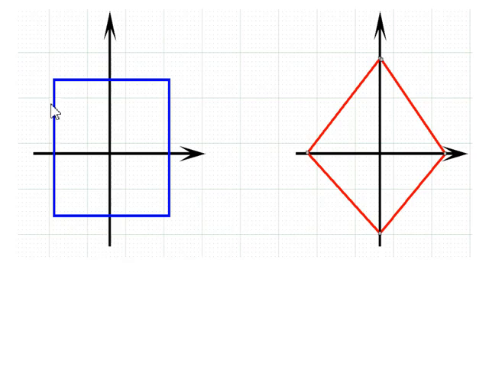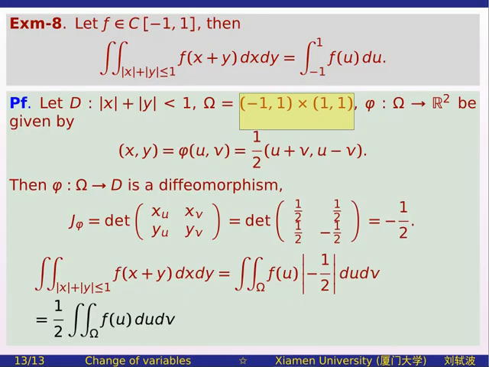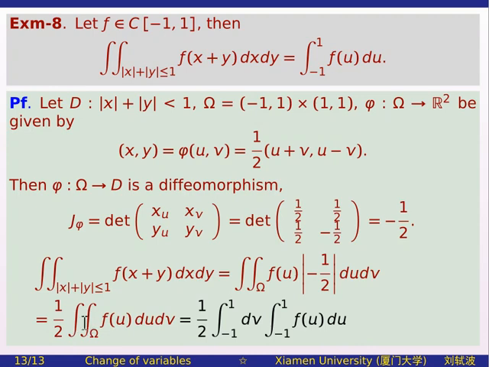This makes the computation very convenient. Using the Fubini theorem, this integral can be written as an iterated integral. We integrate with respect to u first, because the integrand depends on u, and then v.